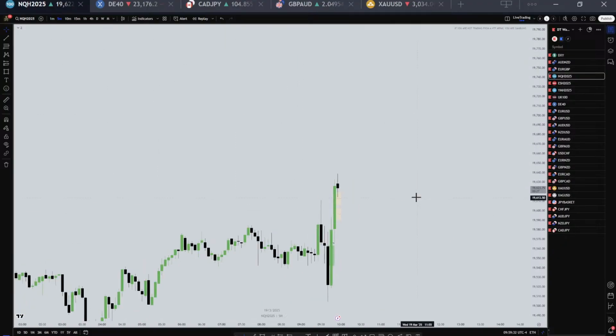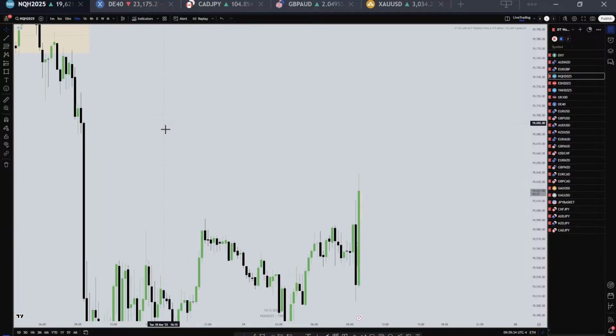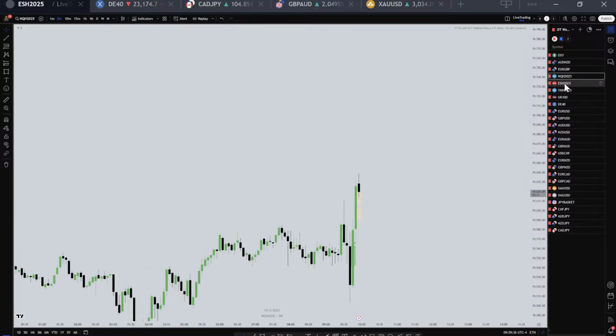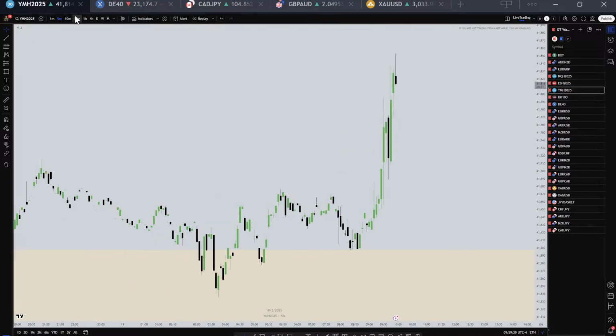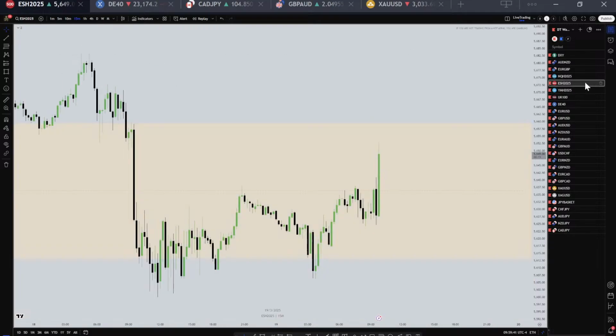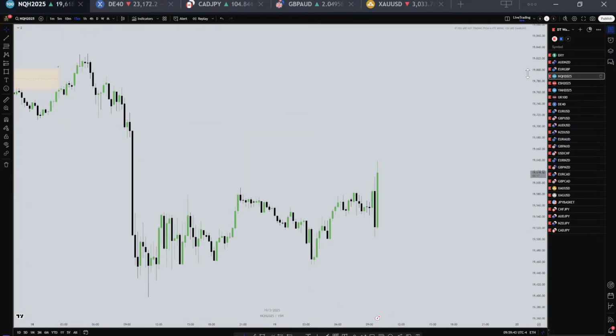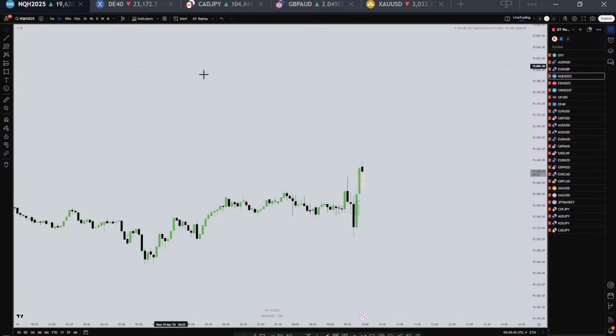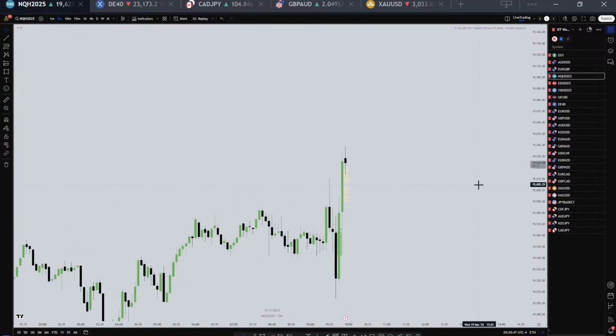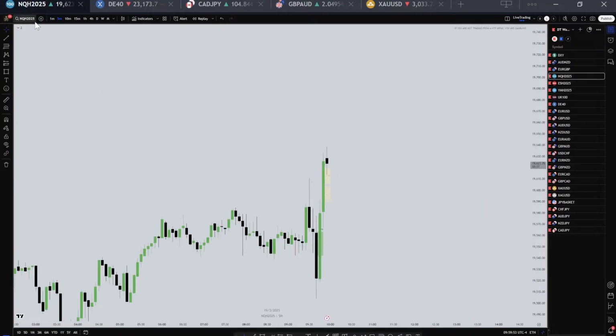Here in the 5-minute value gap. Yeah, higher, indices now look pretty nice. Keep in mind, we still have the rate decision coming in later today. In my opinion, it looks pretty good.